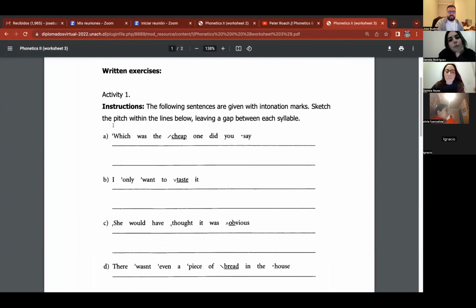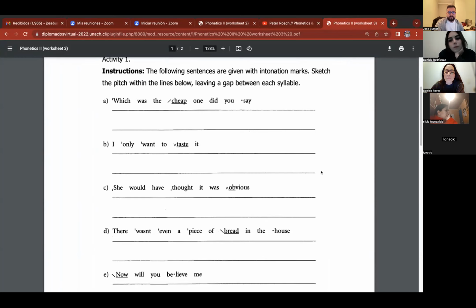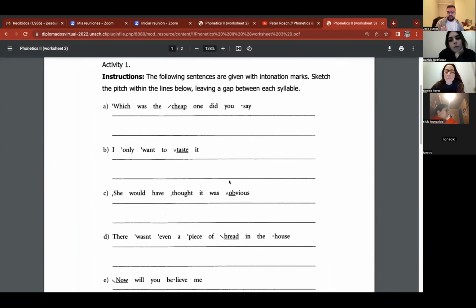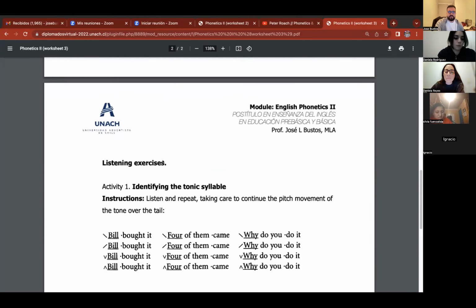Sketch the pitch within the lines below, leaving a gap between each syllable. So same exercise that we did based on high head or low head or based on the tail. Remember that exercise that we did.